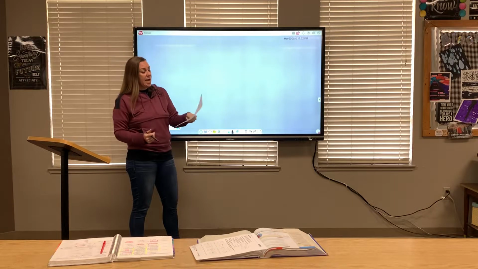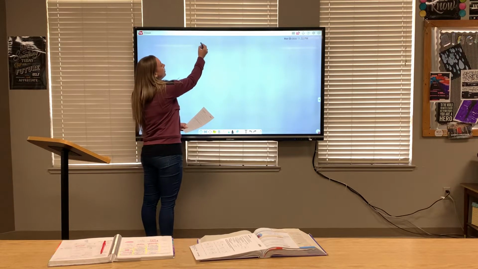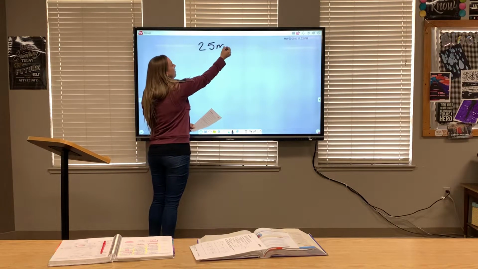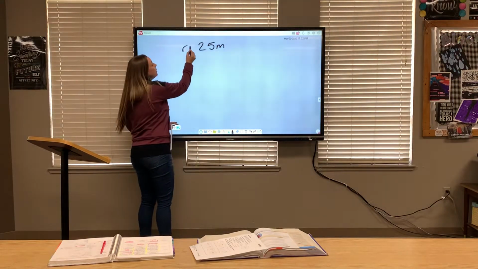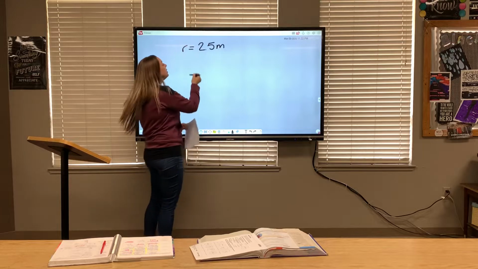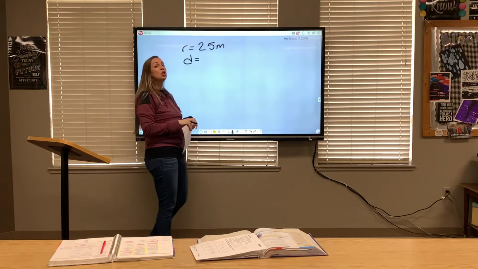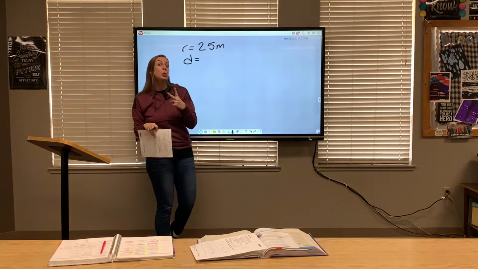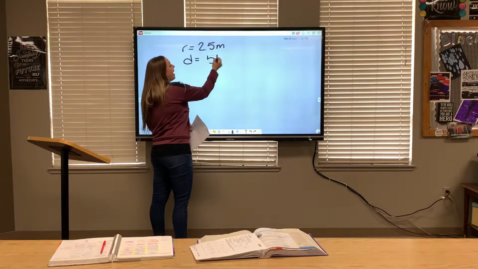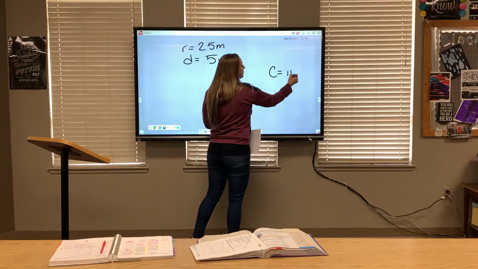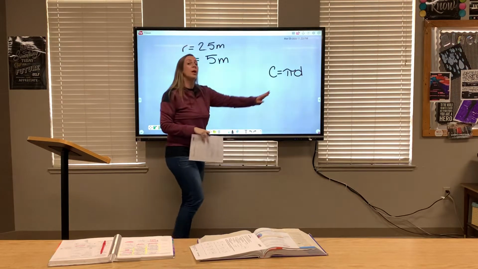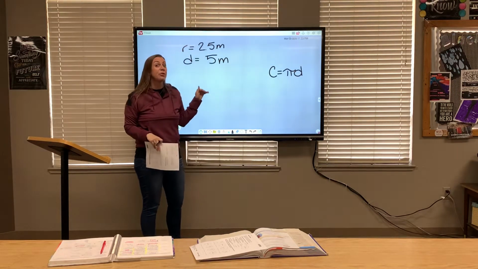So, my number 6, 2.5 meters, and it looks like what they gave me is the radius again. So if my radius is 2.5 meters, my diameter is gonna be twice that, so that times 2, which is gonna give me 5 meters. So again, my circumference equals pi times the diameter. We already figured out that diameter because that's our first step.